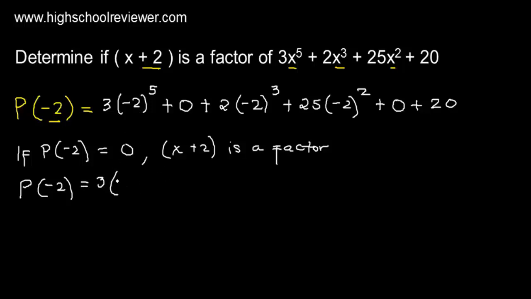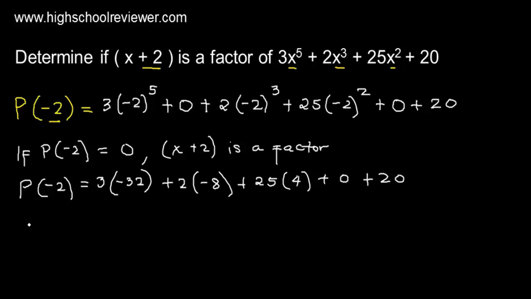So this will be 3 multiplied by negative 32, plus 2 multiplied by negative 2 raised to the power of 3, this is negative 8, plus 25, and negative 2 raised to the power of 2, this will be positive 4, plus 0 plus 20. p(negative 2) will be equal to 3 times negative 32 is negative 96.